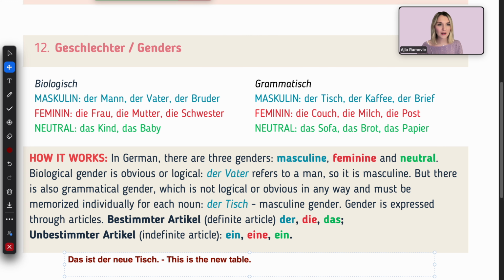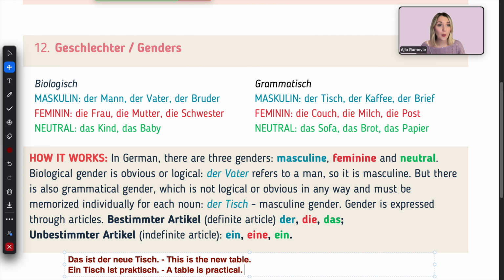Let me give you another example. We could say, ein Tisch ist praktisch, meaning a table is practical. In this situation, we are basically saying that a table, any table, is practical.